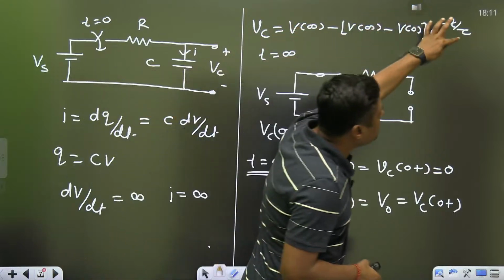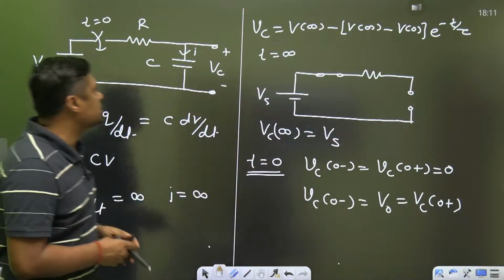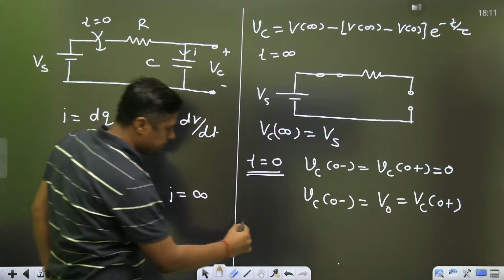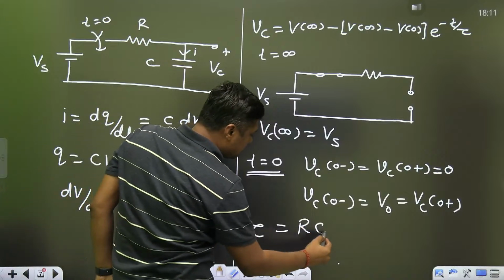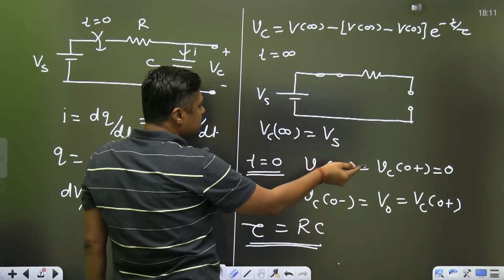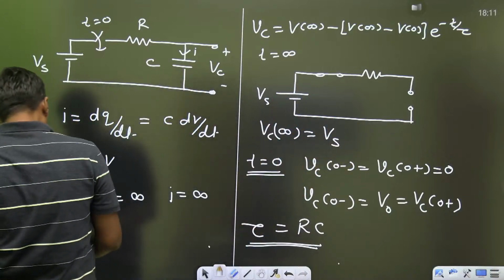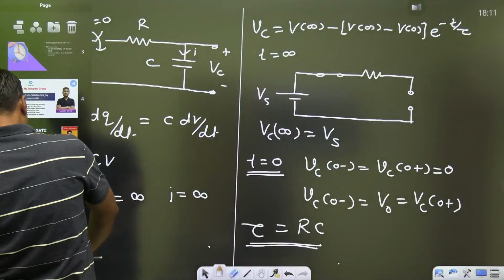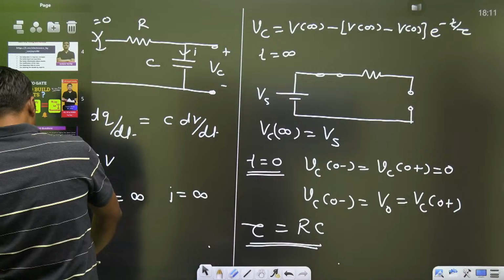And what is the tau? Tau is the time constant of the circuit. For example, what is the time constant of this circuit? RC. You have to use, suppose the initial value is 0, then what will be the equation? So I am going to solve for you two cases.